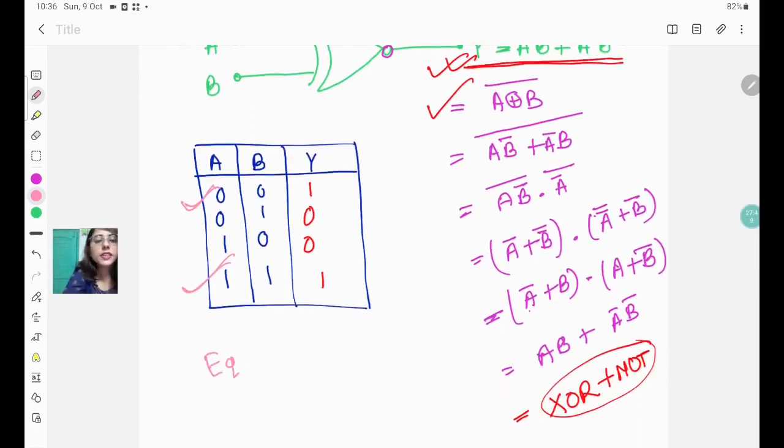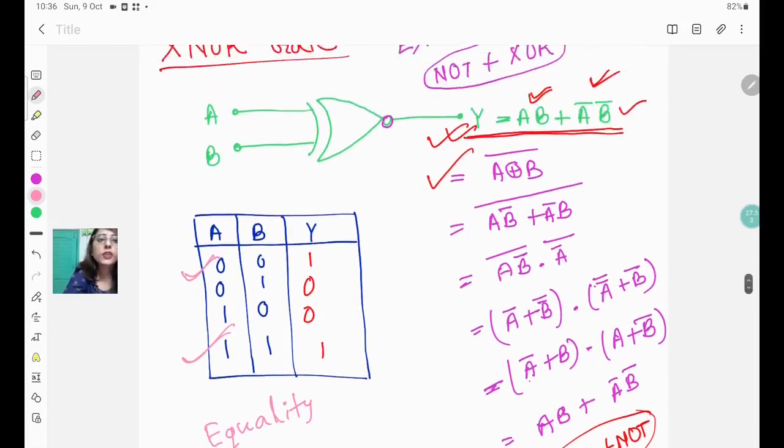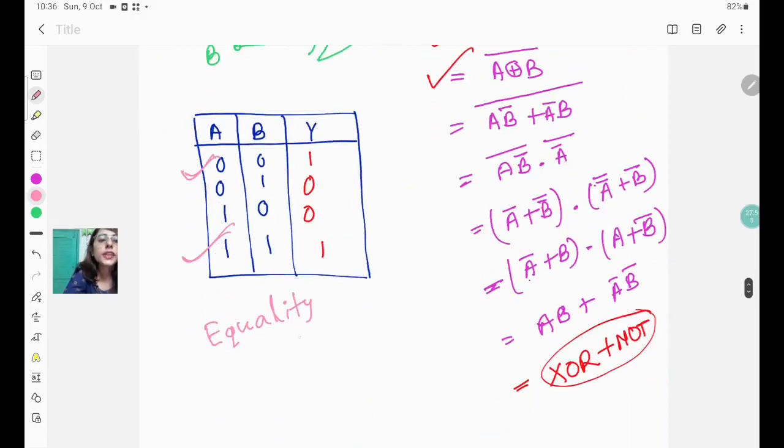In the previous case it was an inequality detector, and in this scenario the XNOR gate is called the equality detector. So it is a very important question, which gate is called the equality detector and why.